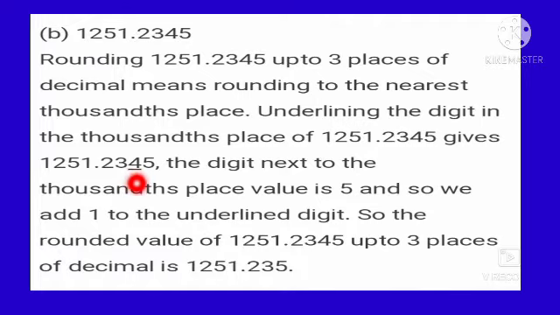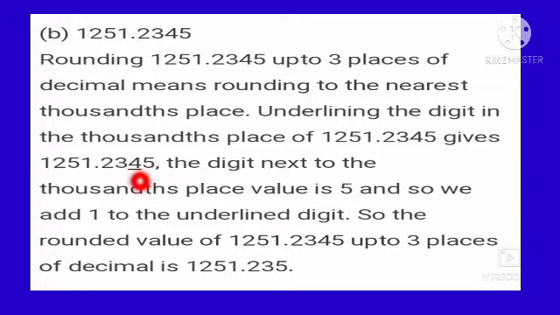Now, as our next step, look at the digit to the right of the underlined digit. Here it is 5. See whether the right digit of the underlined digit is equal to 5, less than 5 or greater than 5. Here it is equal to 5. So what do we have to do?